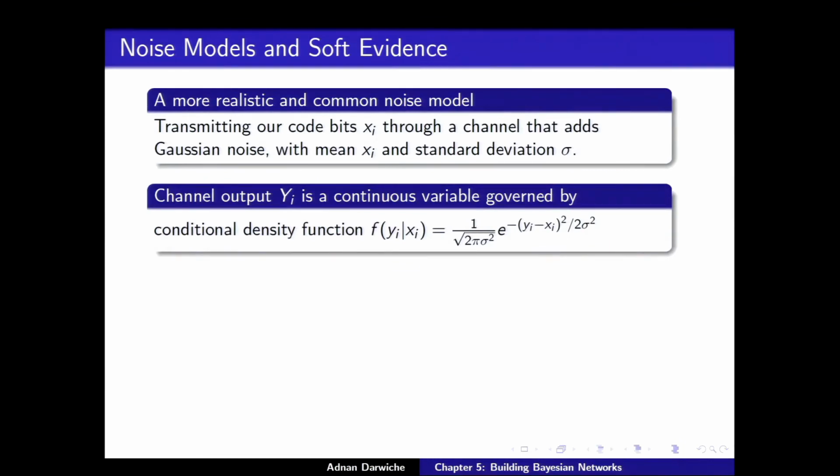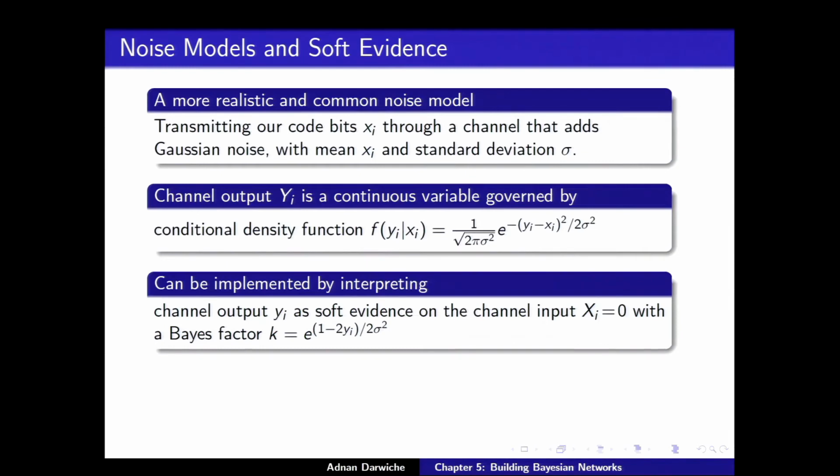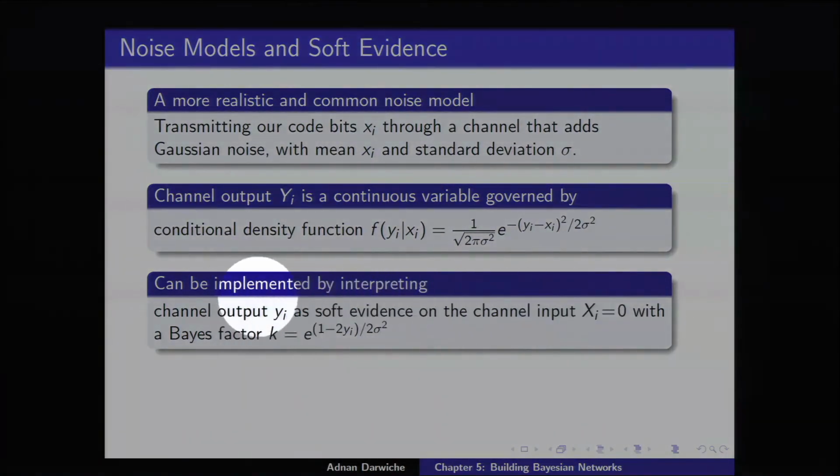It turns out that if you have a channel output, small y, that can be implemented as soft evidence on the channel input with a Bayes factor of this quantity. The derivation is in your book.